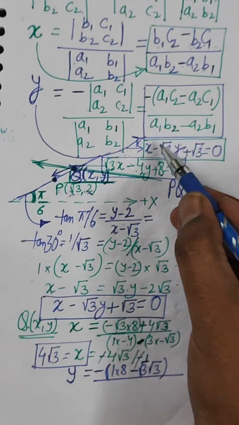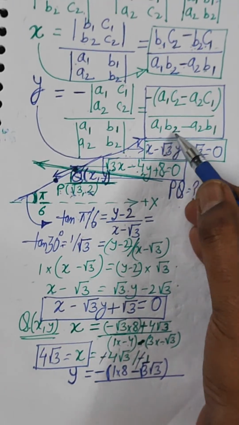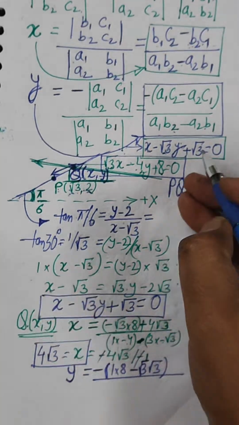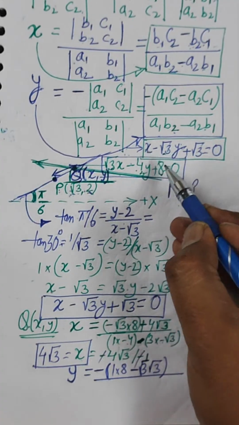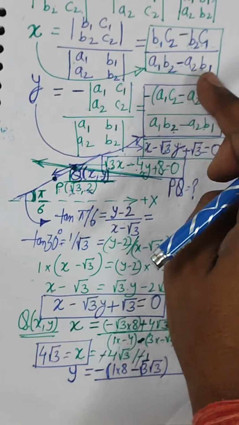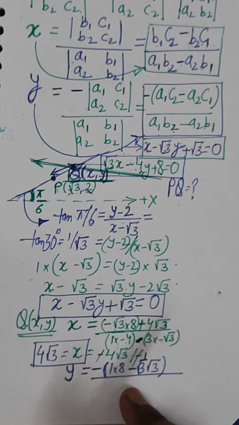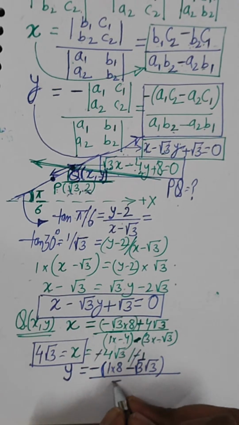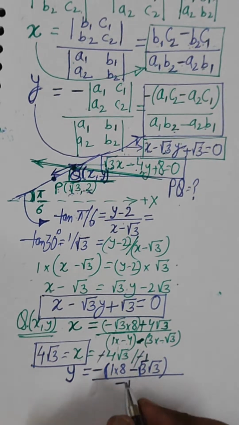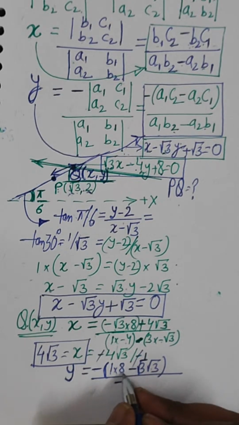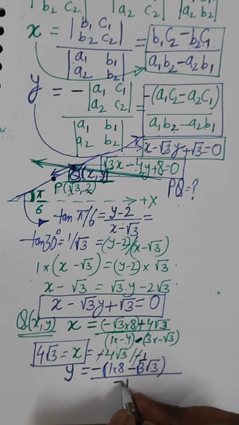Divided by, in the denominator, a1 b2 minus a2 b1. We already calculated the denominator for x, that will be the same for y also, so that will be coming as minus 1, right? So 8 minus root 3 into root 3 will be equal to minus 5 by minus 1.